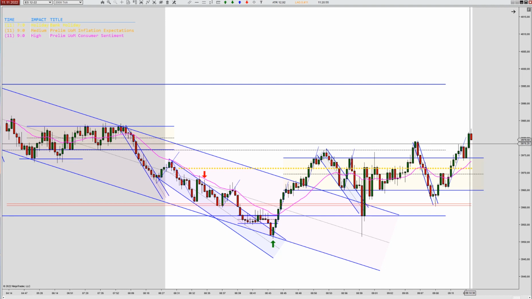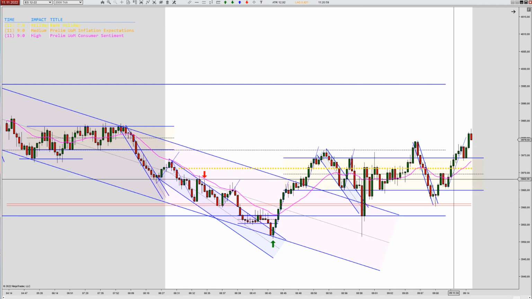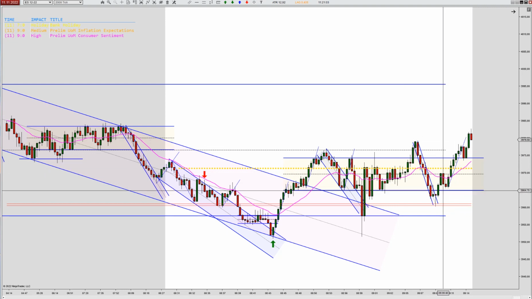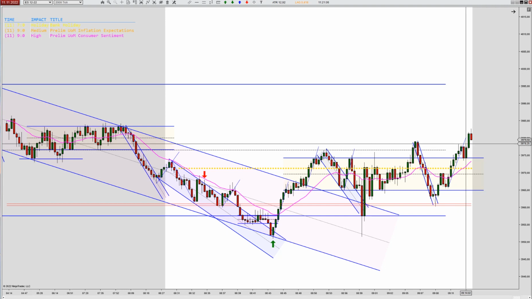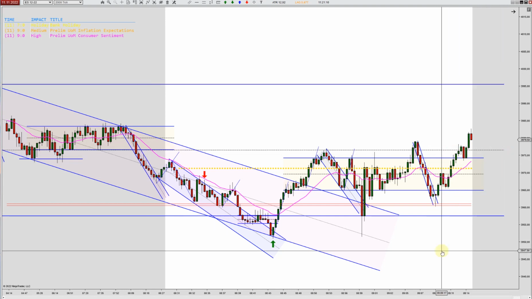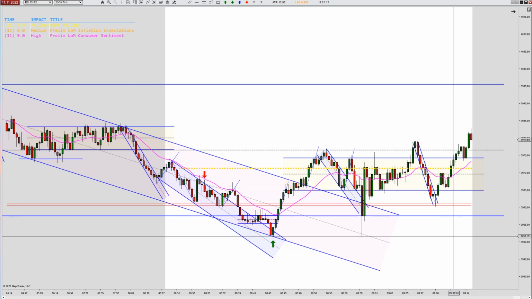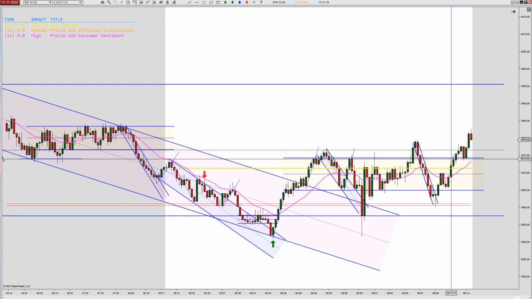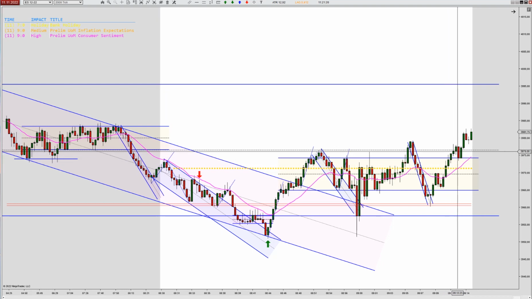But with this structure here, that we had a couple of breakouts out of this range before, I don't like to take a short anymore. And with this strong bullish momentum here, I must be very careful taking any more shorts, because this shows me that momentum has changed. And yeah, I'm not interested in any trades at this point.